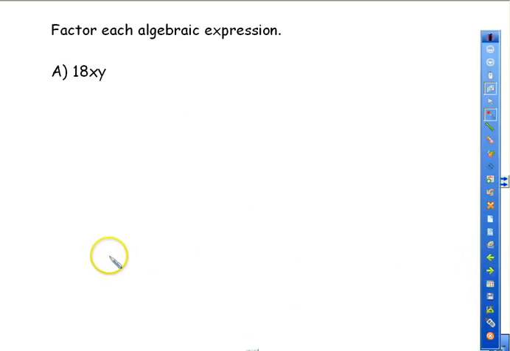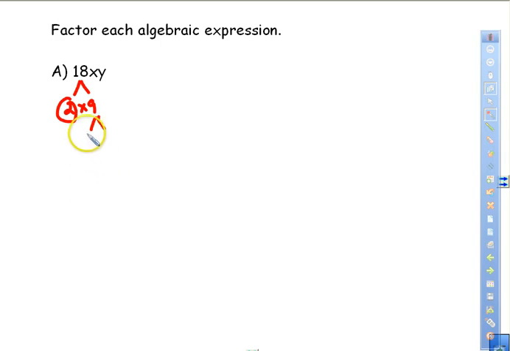It says factor each algebraic expression. Okay, and we're trying to do our prime factorization. So what you would look at here is we're breaking this down. We're going to take my 18 and do the prime factorization of that. So this would become 2 times 9. 2 is prime, so then we're going to break the 9 down to 3 times 3, and both of those are prime.